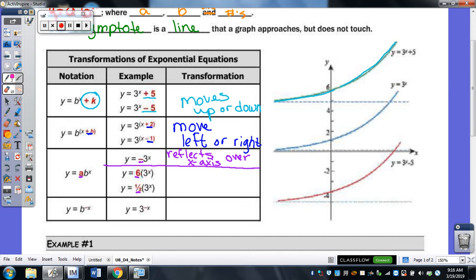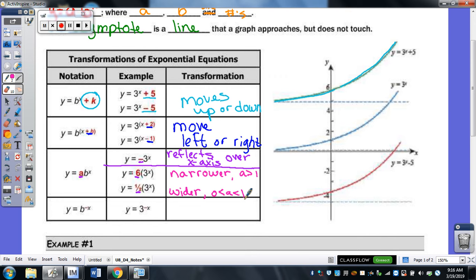Then if you change the number out in front, like here I have a 6, here I have a 1/2, that changes how wide or narrow it is. A number greater than 1 makes it narrower. So narrower when a is greater than 1, and wider if a is between 0 and 1. So that a value changes a few things.